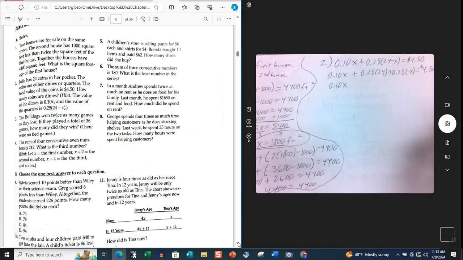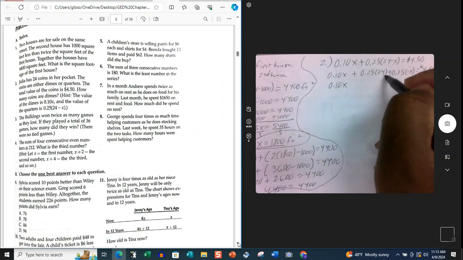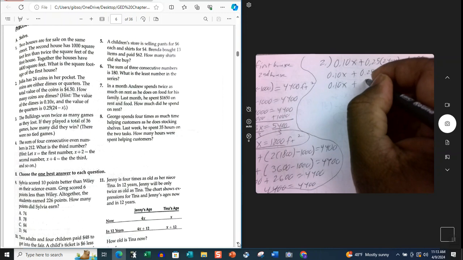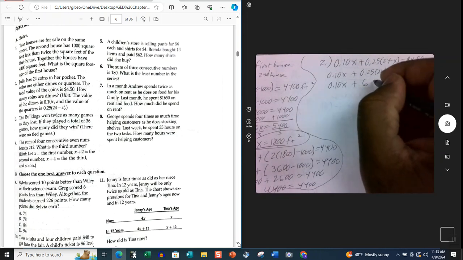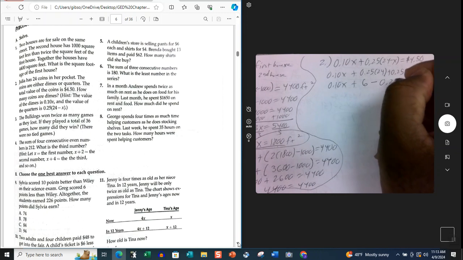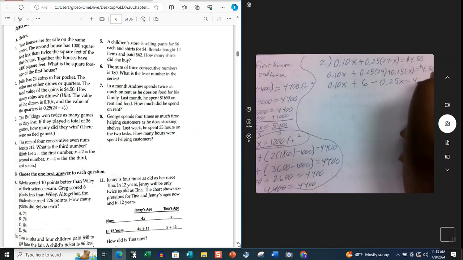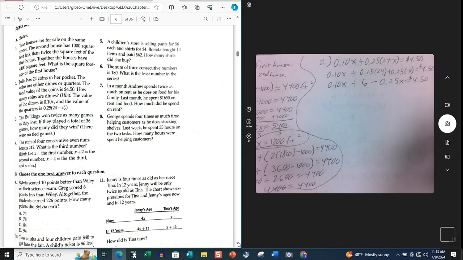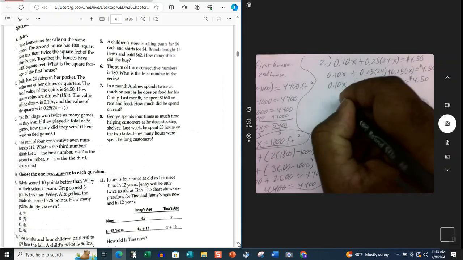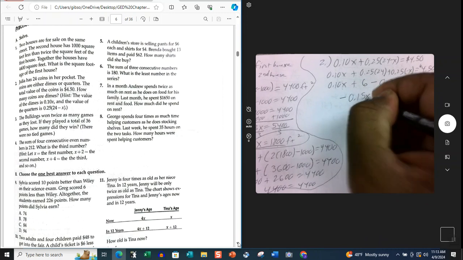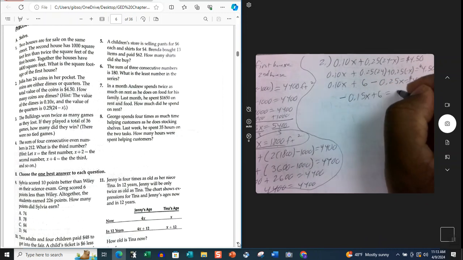So we have 0.10x. 0.25 times 24 will give us 6. And then 0.25 times x is a negative 0.25x is equal to $4.50. Now we combine the like terms. This will give us a negative 0.15x plus 6 is equal to $4.50.